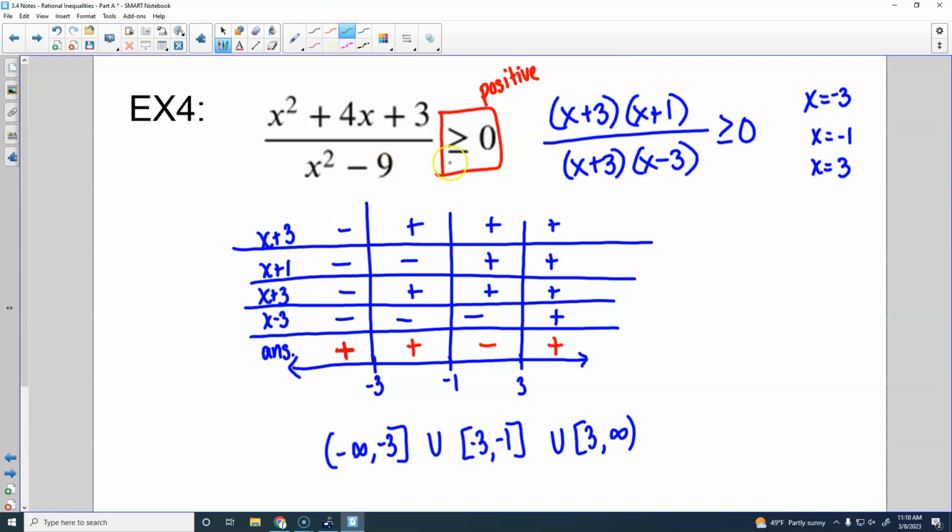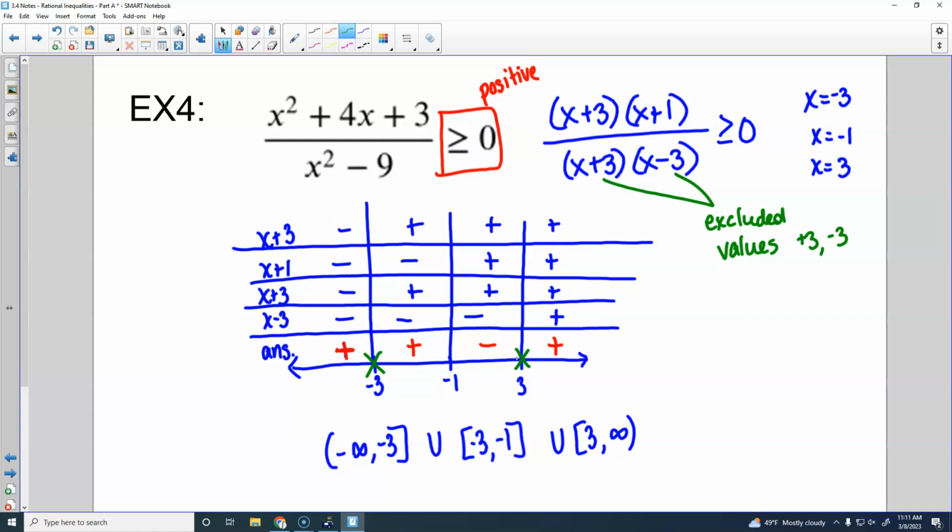But excluded values from this denominator would be +3 and -3, which means even though I have an or equal to sign, I cannot use -3 or +3 because it gives me a 0 in the denominator, that is undefined, and undefined is neither positive nor negative, so you can't include it in your answer.